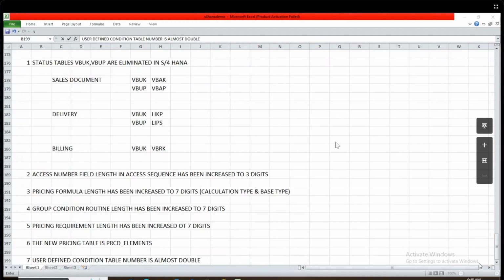Sir, vehicle noise is coming from the background, but others are saying okay. Check from your side. Others, is it okay? Any background noise? No, sir. No problem.